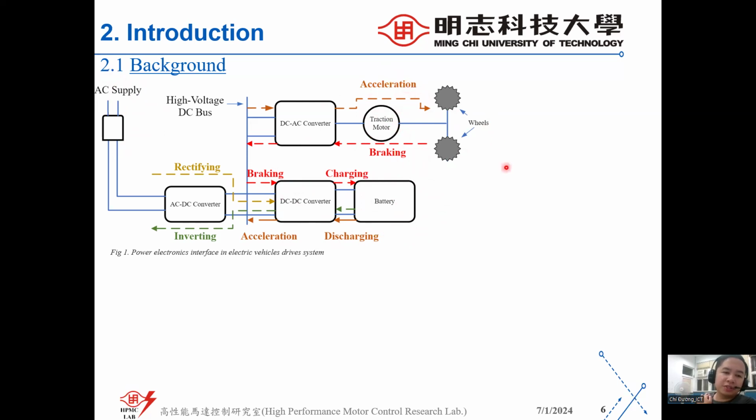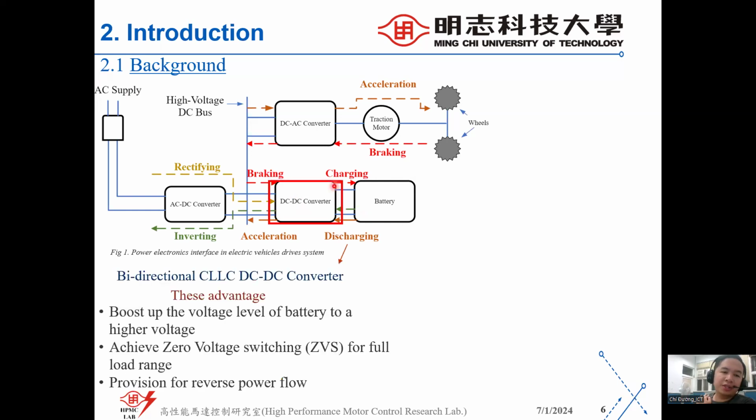So that's why the DC-DC converter is important in the electric system, and this thesis will focus on design and implementation of a bi-directional CLLC DC-DC converter, with advantages such as stepping up the voltage level of the battery to a high voltage, achieving zero voltage switching for full load range, and provision for reverse power flow.